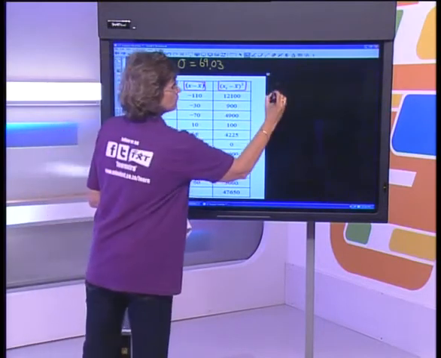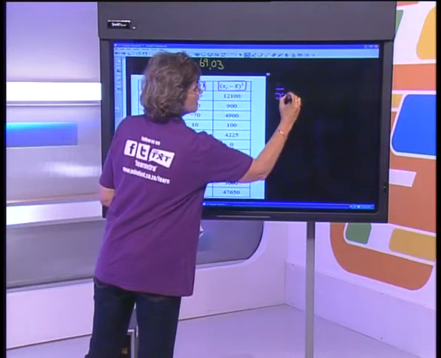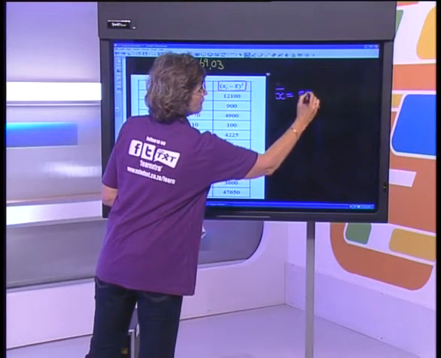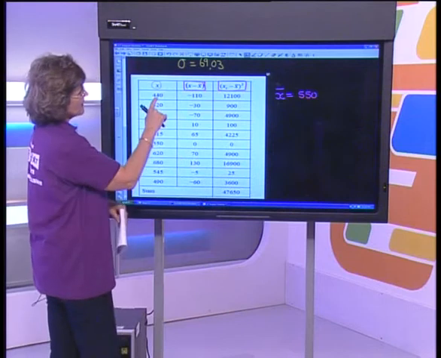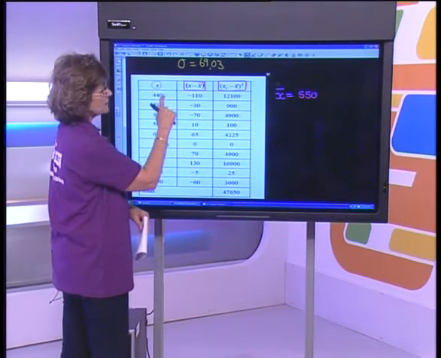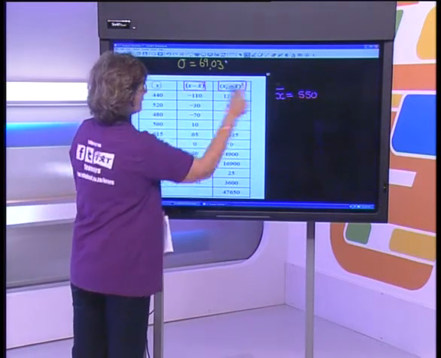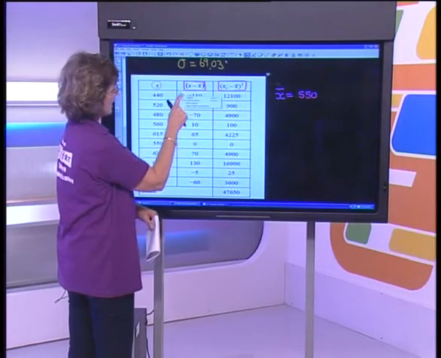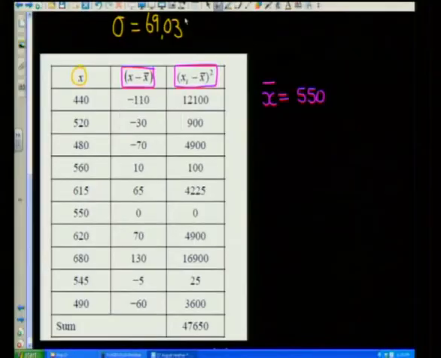So remember that we worked out our mean to be 550. If we take this data item of 440 and subtract 550, we get negative 110. If we take 520 and subtract 550, we get negative 30. And so you can see how I arrive at each of those values.